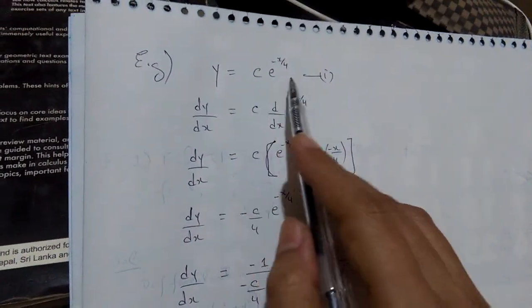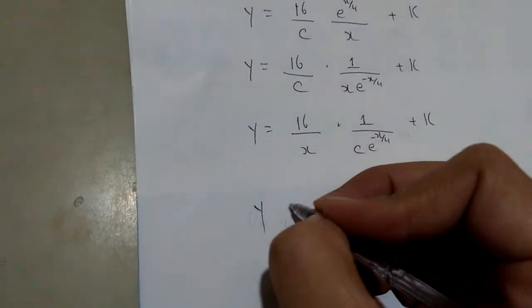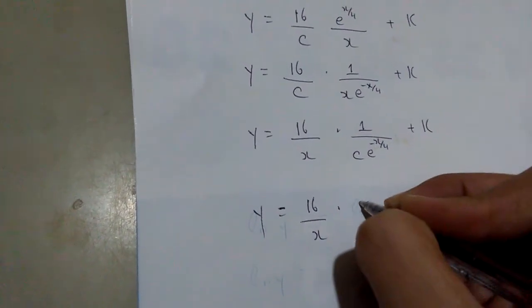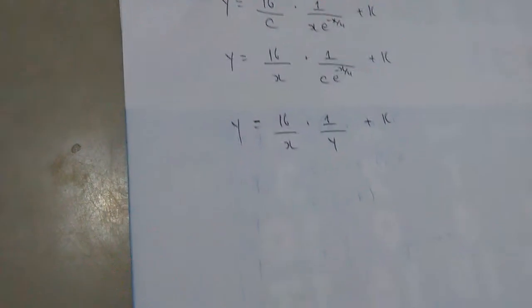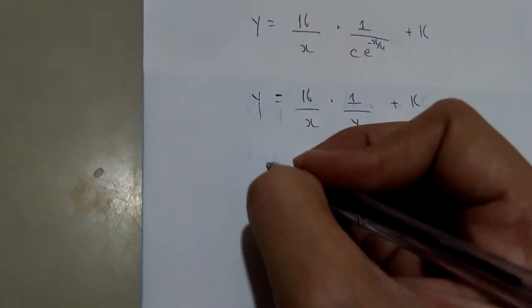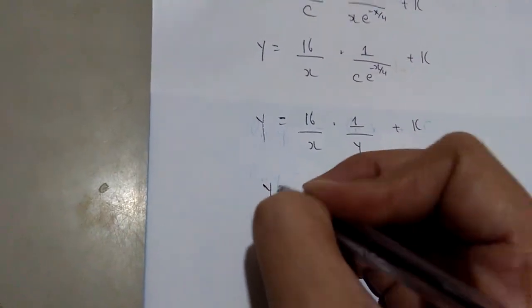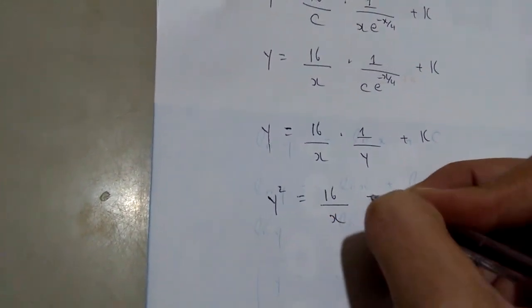So how about if I just replace this thing with y? I can leave it as it is as well, but I'm just trying to beautify the format, nothing else. So it is plus some k. Okay, so this y will move here, and it becomes y squared equals 16 upon x plus some k.